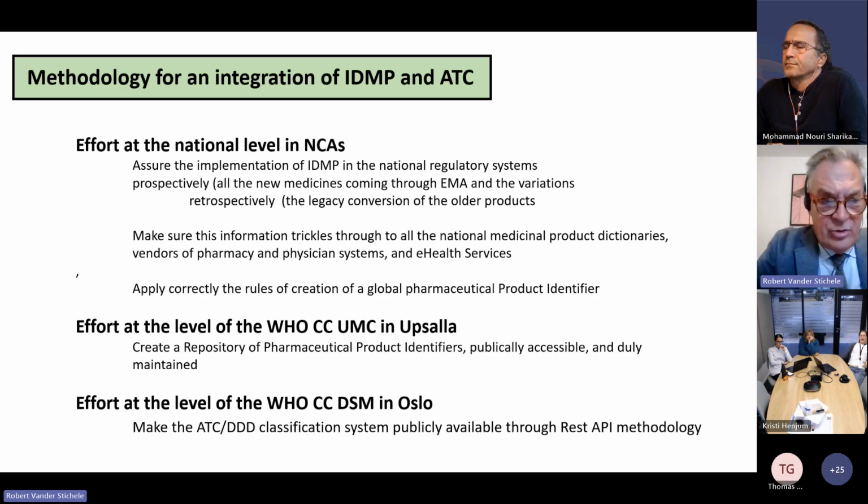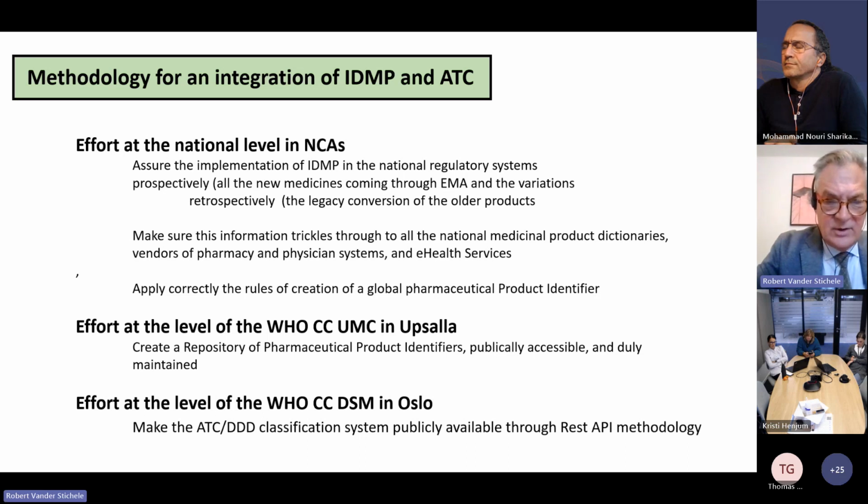So they must make sure that this information trickles through to all national medicinal product dictionaries, vendors of pharmacy systems and physician systems and e-health services, and are applied correctly, and that the rules for creation of the global pharmaceutical product identifier are applied correctly. Another effort is at the level of WHO UMC in Uppsala. That's to create the repository of these pharmaceutical product identifiers.